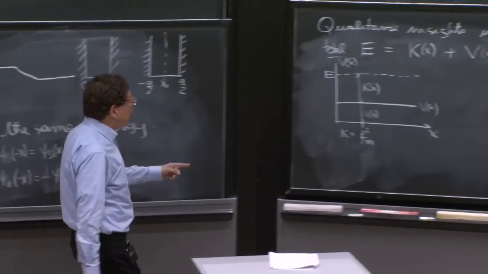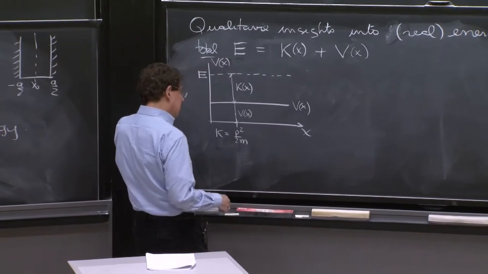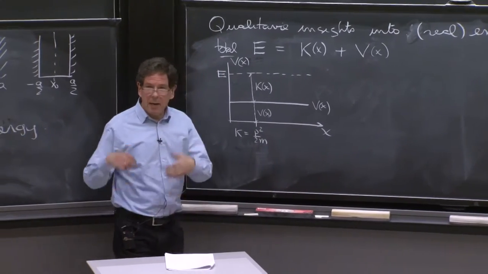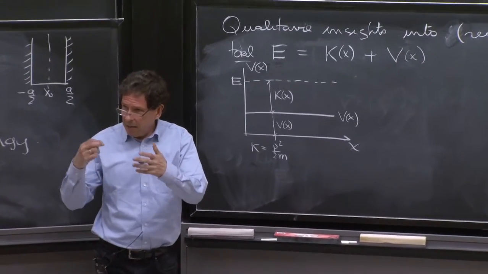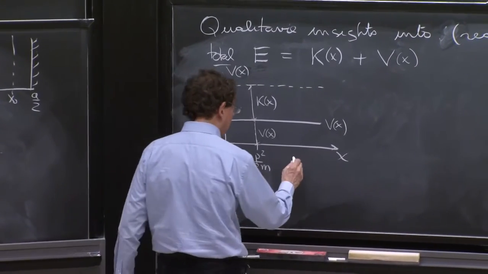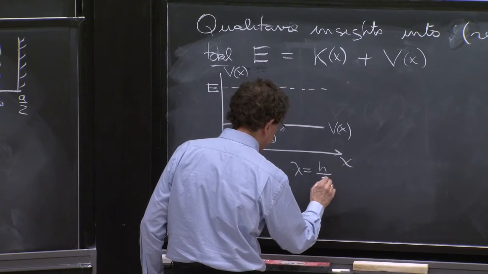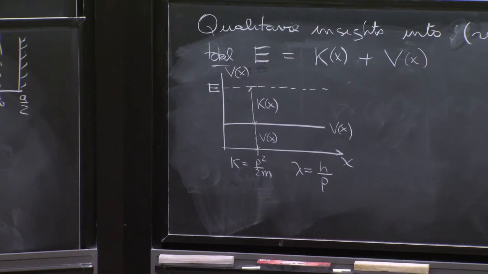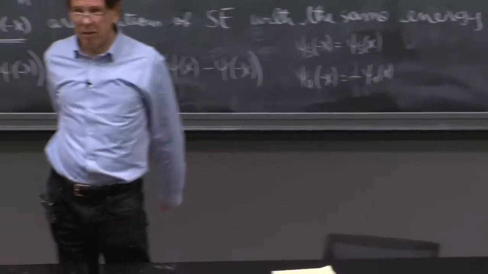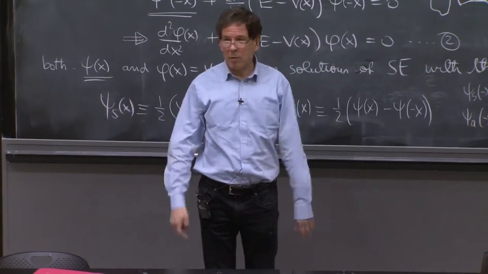Well, if we know the momentum classically is a momentum p, we can infer the de Broglie wavelength of the particle. And the de Broglie wavelength would be h over p. And that's for the wave function. So we should expect a wave function that has a wavelength equal to lambda. After all, that is what de Broglie did.